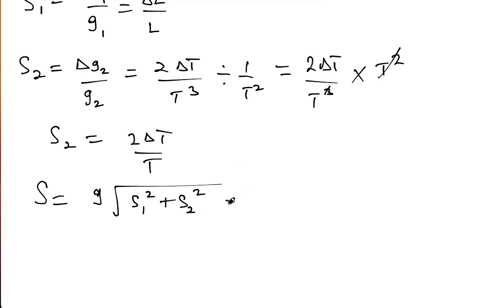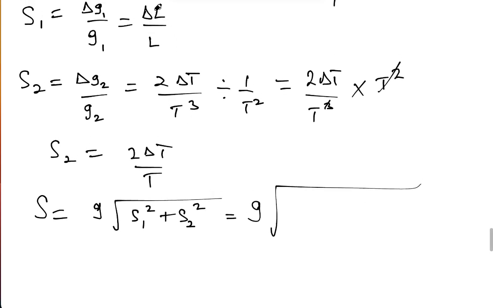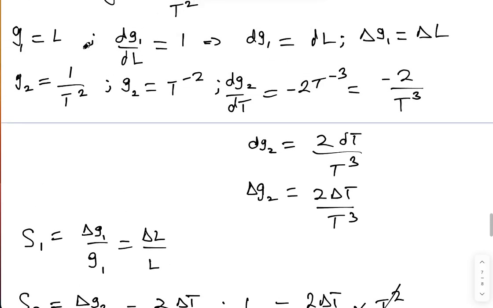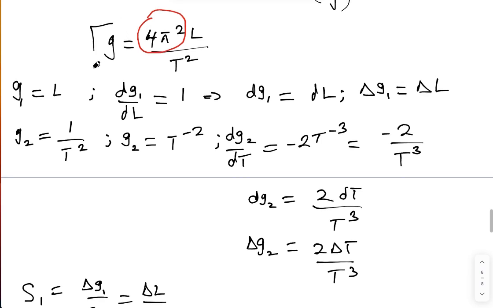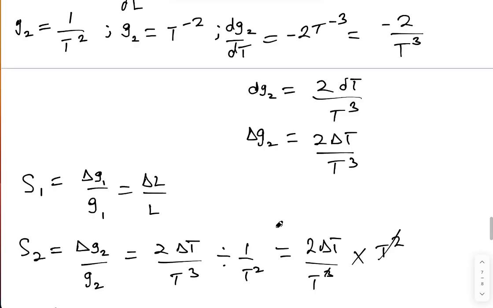That is G times the square root of, S1 being change in L over L, so change in L over L all squared, plus S2, which is 2 change in T over T, all squared. Don't forget what this G is. This G is the original function, which is this entire expression. This time around, you will not ignore the 4 pi squared. You will include the 4 pi squared because it's part of what you are dealing with. So this would then be the error.